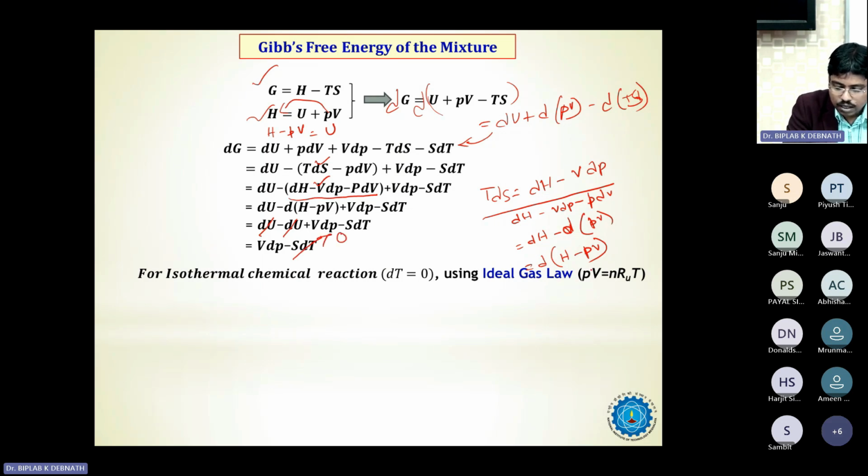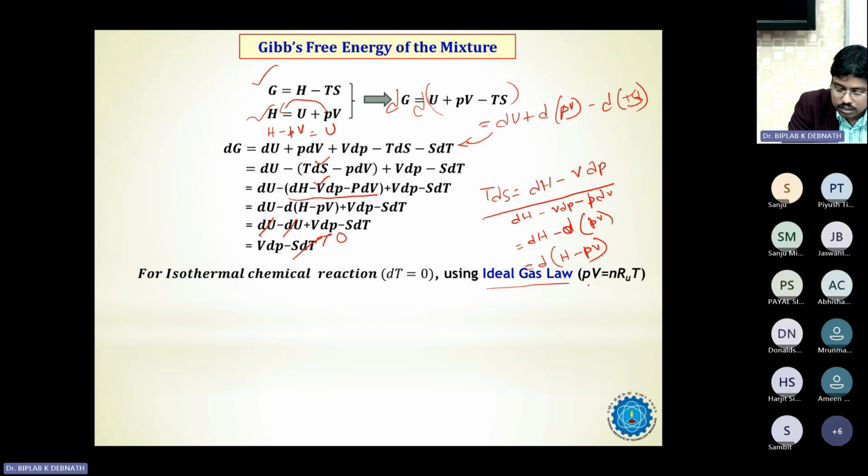And if you introduce the ideal gas law, why do we need to introduce it? Because here you have VdP, where V is the volume and dP is the change of pressure.